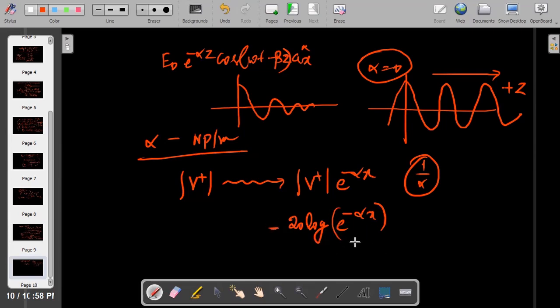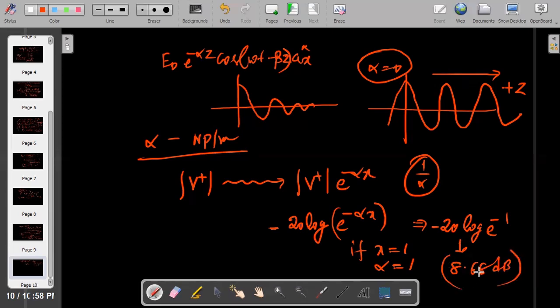So this is the thing. Now, if x is equal to 1, and alpha is also 1, let's say, then what will come? 20 log e inverse, minus. So it will be coming some 8.68 dB. You can check in the calculator.